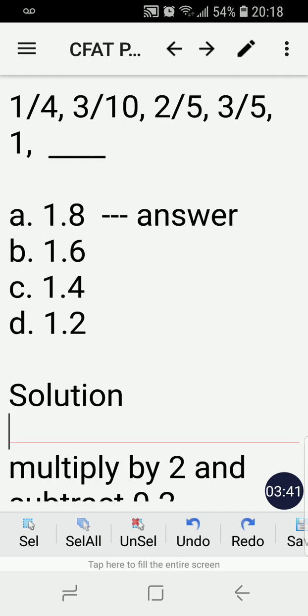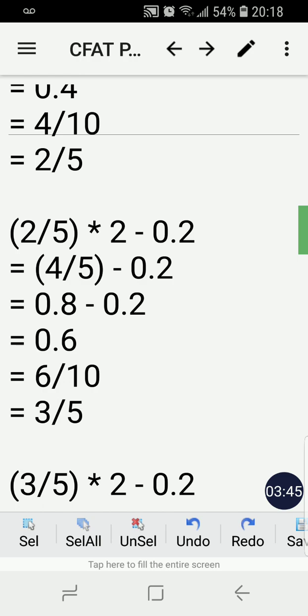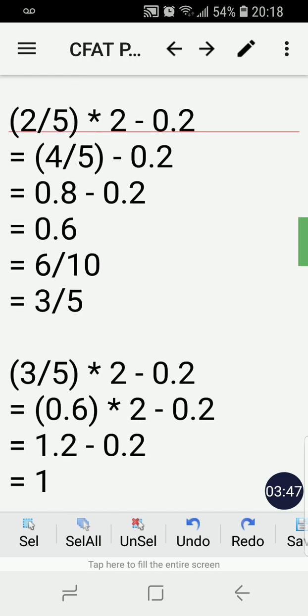So the next one, 3/5. How did we get 3/5?